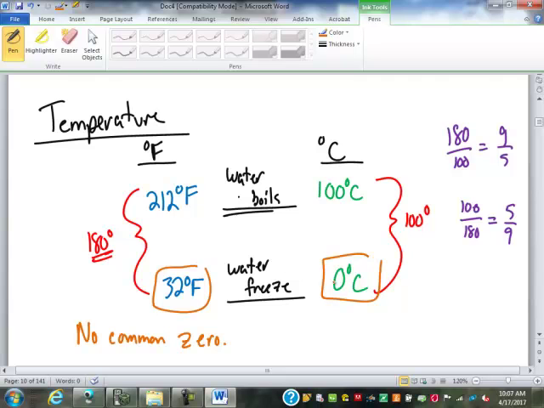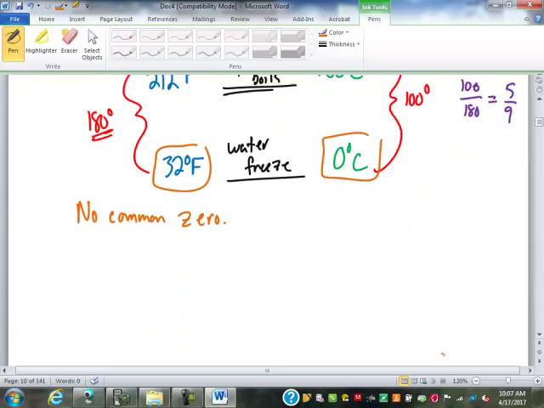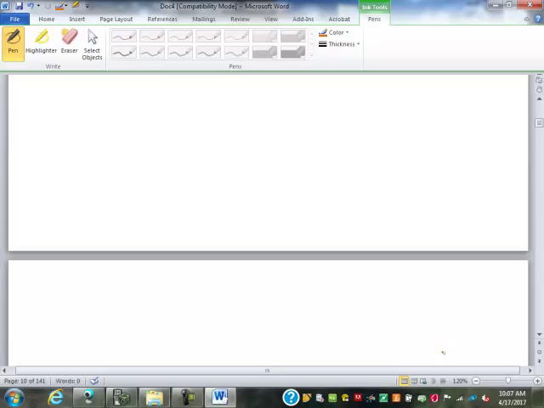For capacity, 0 liters equals 0 gallons equals 0 quarts equals 0 milliliters. 0 grams equals 0 pounds. I mean, there's a common 0 point. For temperature, there is not. Therefore, for temperature, we cannot use the simple conversion factor. We have to use formulas.